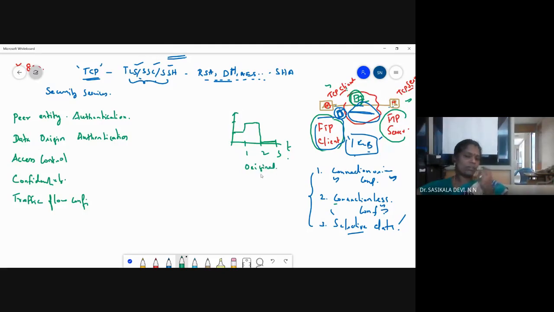So one way to provide traffic flow confidentiality is that the virtual pattern should not be visible to the intruder. So what is a simple mechanism? The actual data to be transmitted across the network is just 1 KB, so the sender can add some padding data. Instead of sending 1 KB of data, the sender may pad zeros, simply 1 KB of zeros.